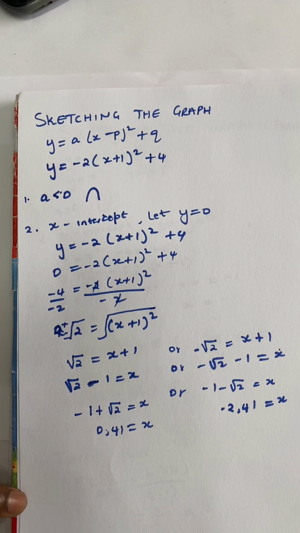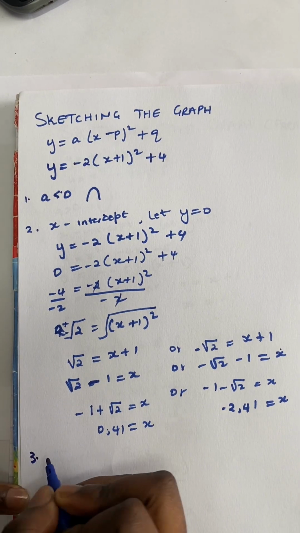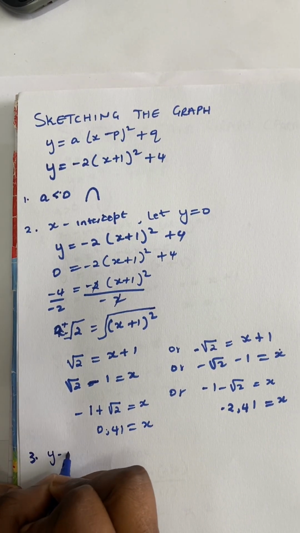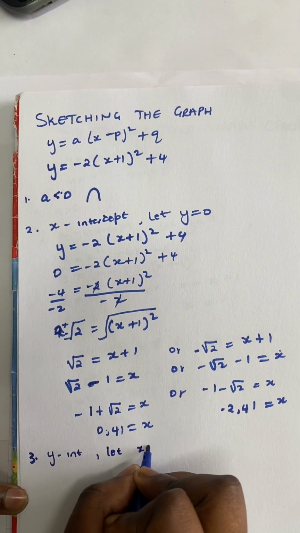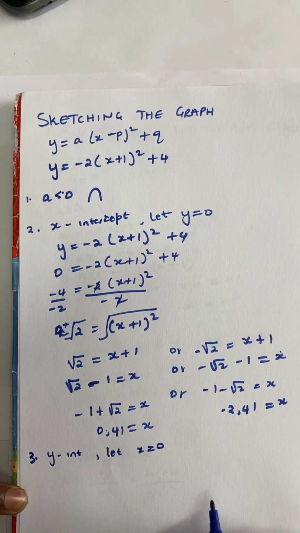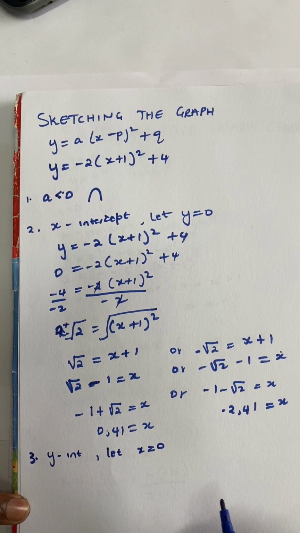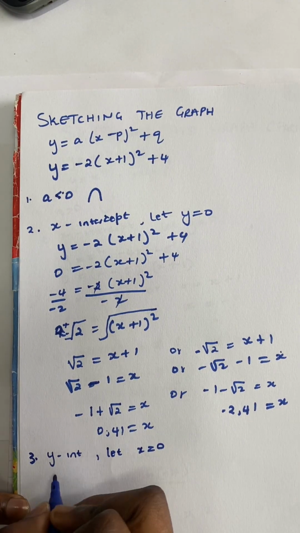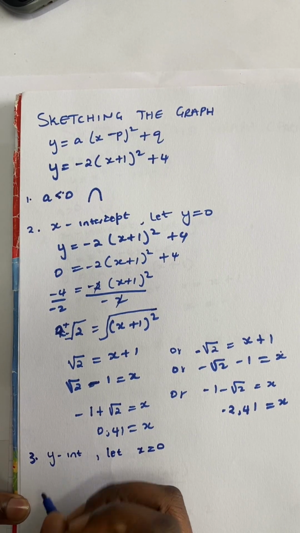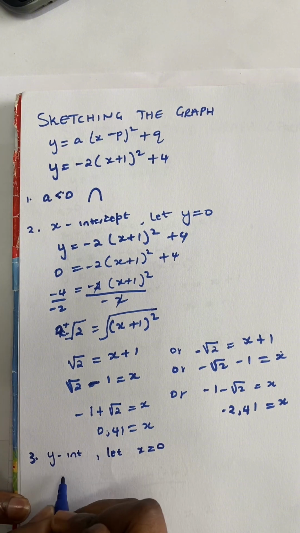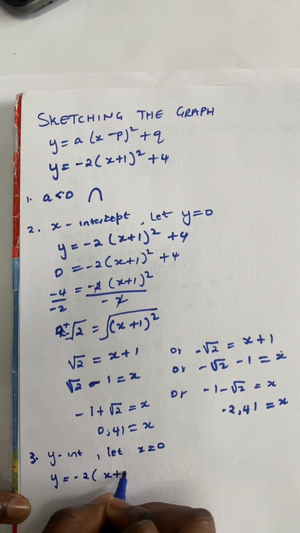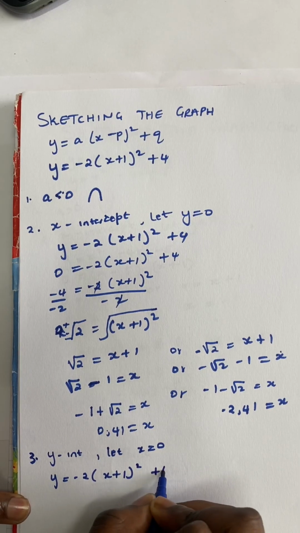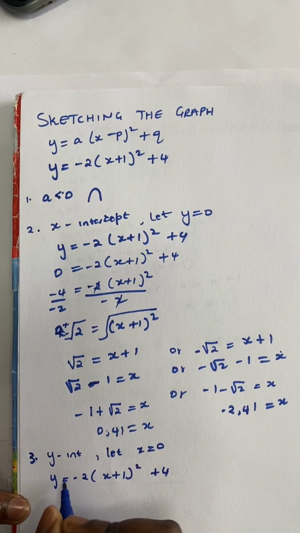Okay, so now let's find y intercept. You let x equal to 0. I'm sure you already know your y-intercept, or you don't know. So y is equal to -2(x + 1)² + 4.